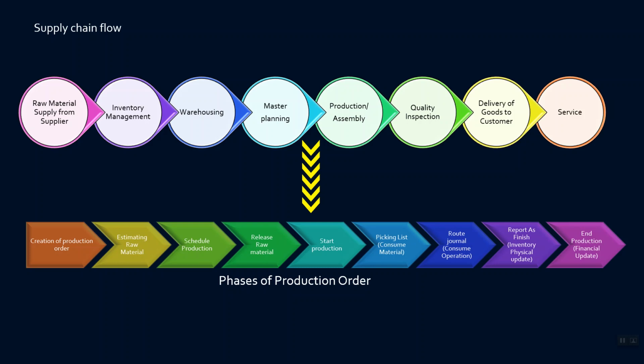When you run the estimation on the production order, the system analyzes what is required and what is available on hand, compares both, and finally suggests whether you need material for which purchase orders should be created, or you can directly consume whatever is available on hand.